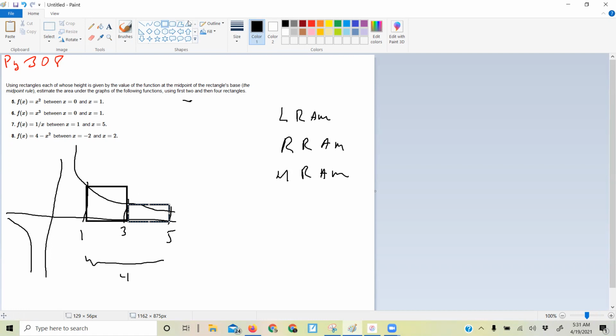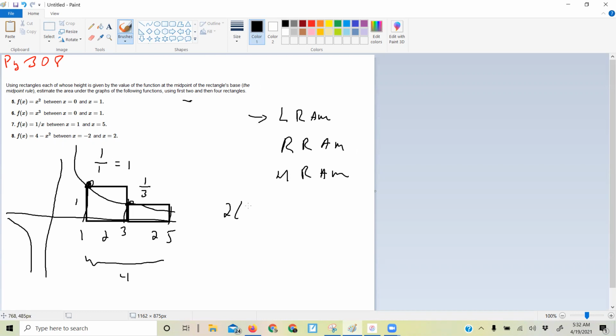So area of a rectangle is length times width, and each of these rectangles is 2 wide, right? So 2 times, now what's the height? Well, I'm looking for that point. Well, that's at 1. So remember, I'm using the left RAM, so I'm going to go from the left end. So 1/1 is 1, so that has a height of 1. Now this next one's at 3, so that's 1/3.